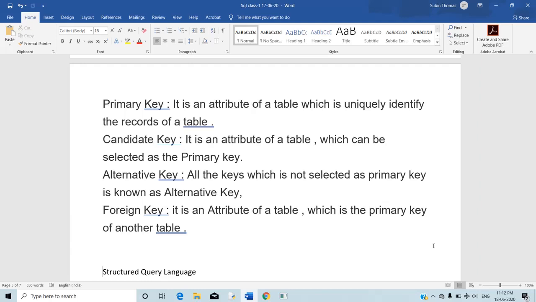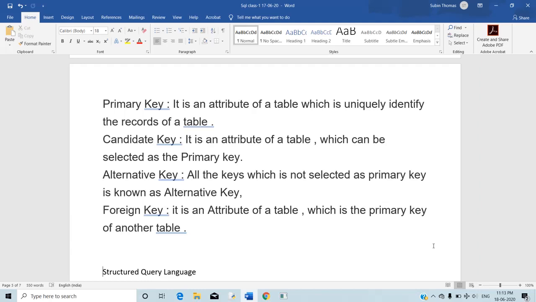Second one, candidate key: any attribute of a table which can be selected as the primary key, which can be used to uniquely identify the tuples of a relation, is known as a candidate key. And the next one is alternative key. From the candidate keys, the keys which are not selected as the primary key are known as alternative keys.